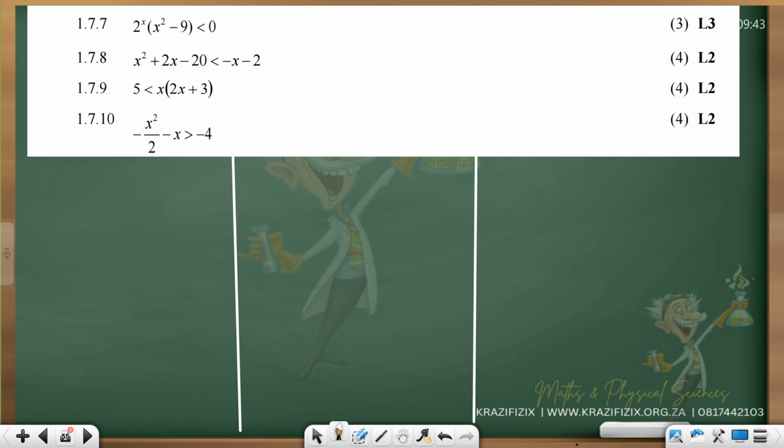All right, the first one, 2 to the power x, number 7, x squared minus 9 less than 0. Already we know that 2 to the power x must be greater than 0. That is a mark. Then we have x squared minus 9 less than 0. This is a difference of 2 squares, so it is best you open 2 brackets.